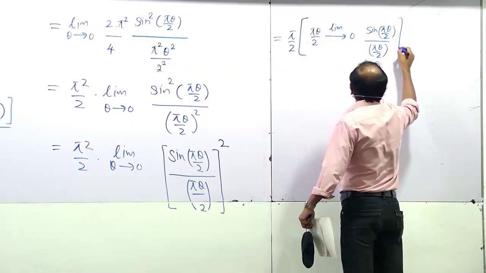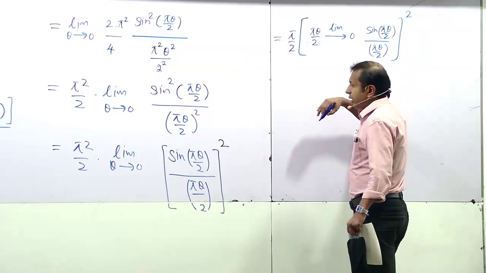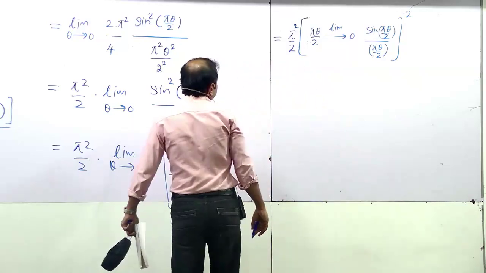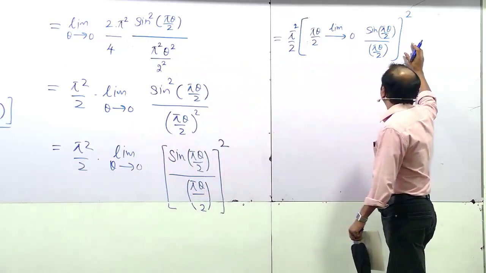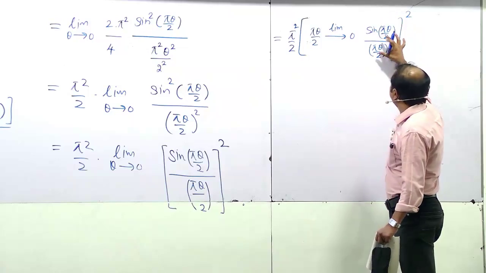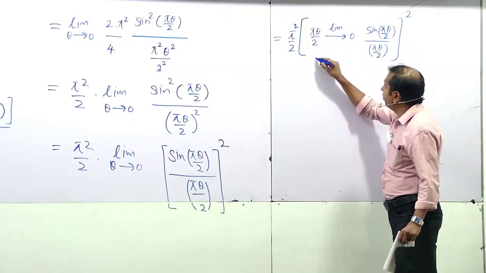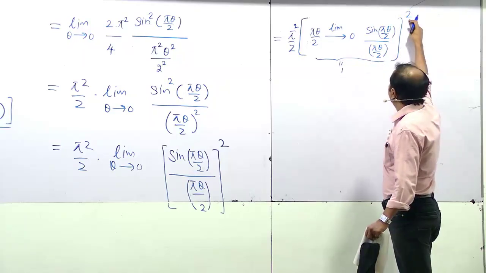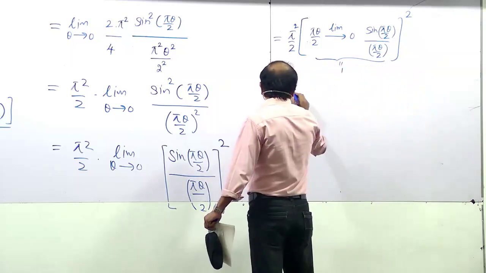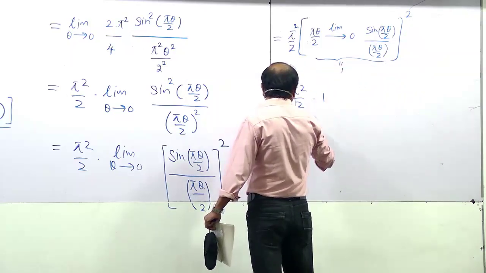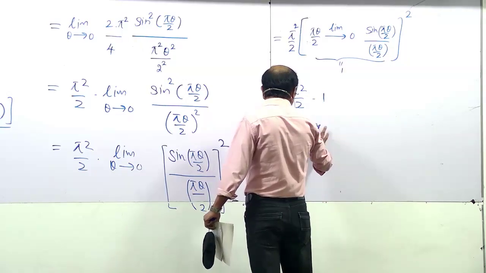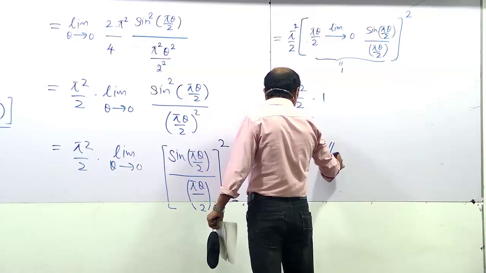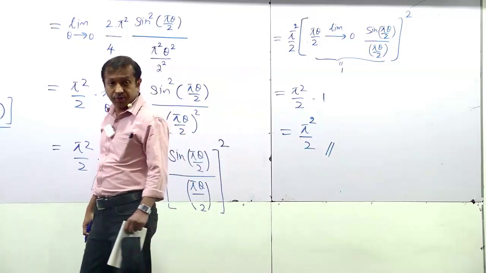It's a perfect square. Now here, pi squared by 2. What is this? Sine angle divided by the same angle, going to 0. Inside the bracket, this is 1. 1 squared is 1. Then we get pi squared by 2 into 1. This is nothing but pi squared by 2. This is how we take that answer.